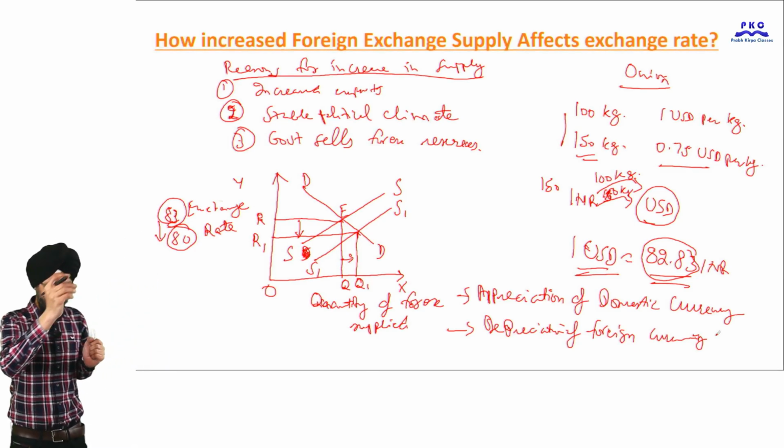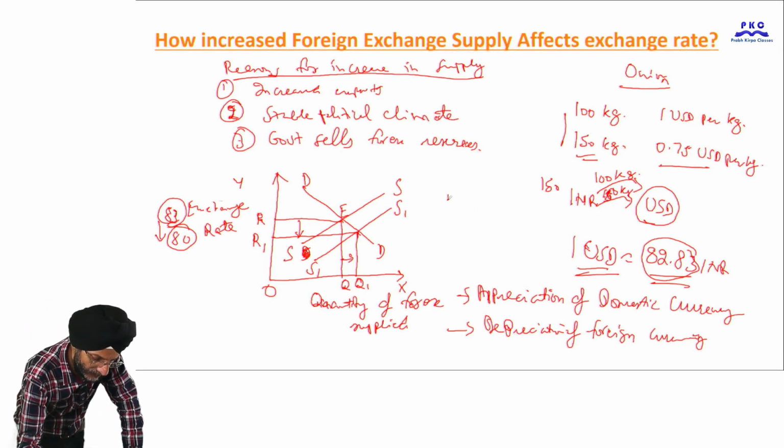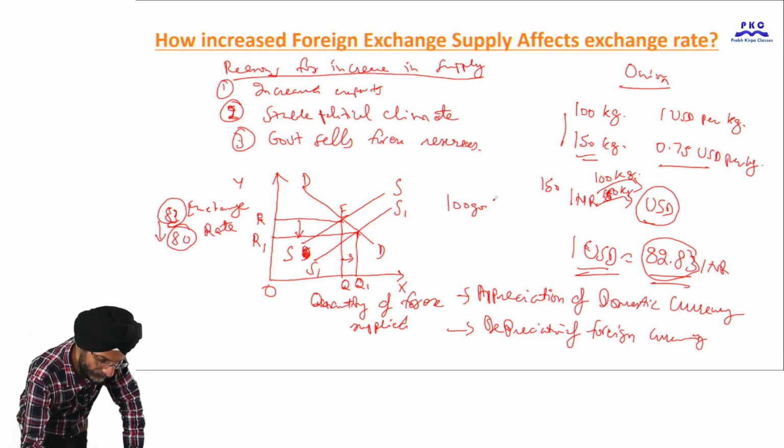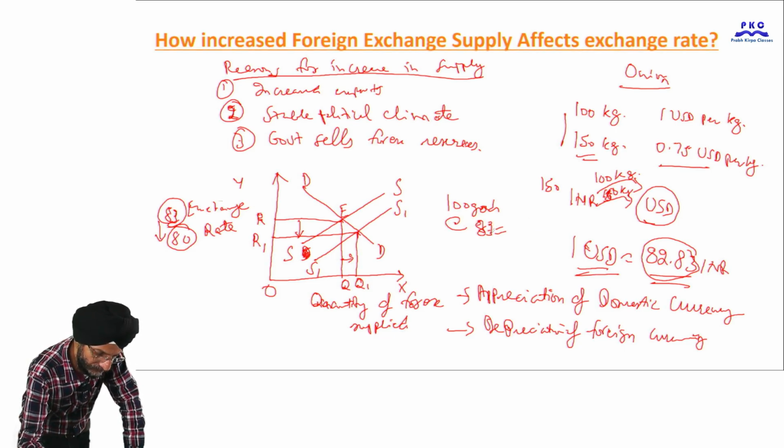Earlier, if they were buying 100 goods at the rate of 83, they were paying only $100.